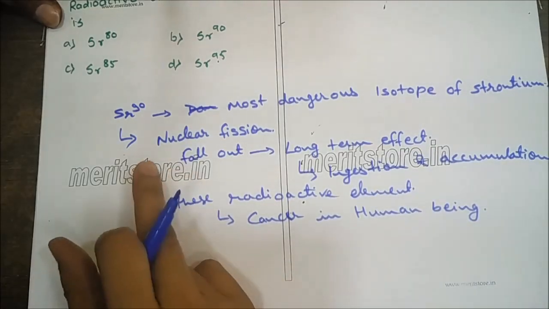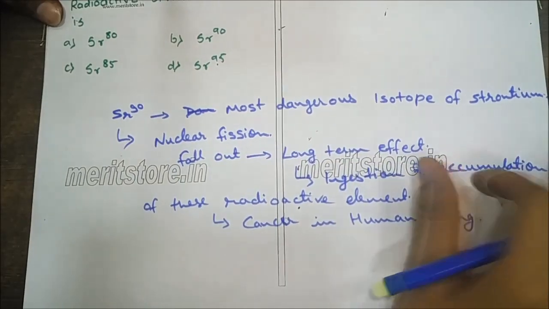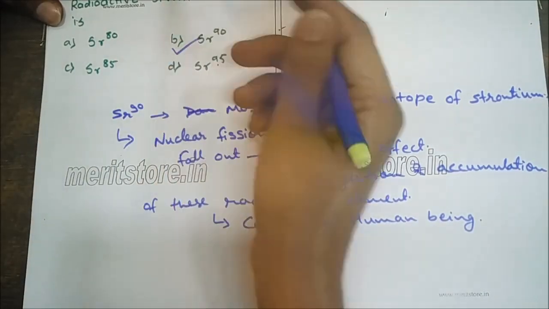So the radioactive strontium as a result of radioactive fallout is strontium 90.